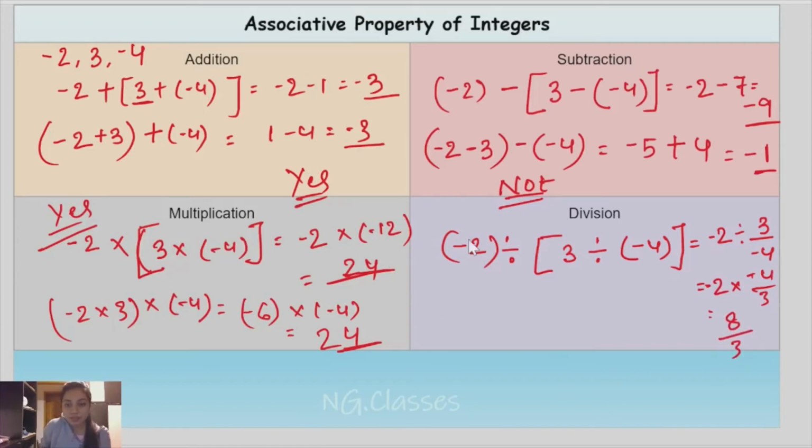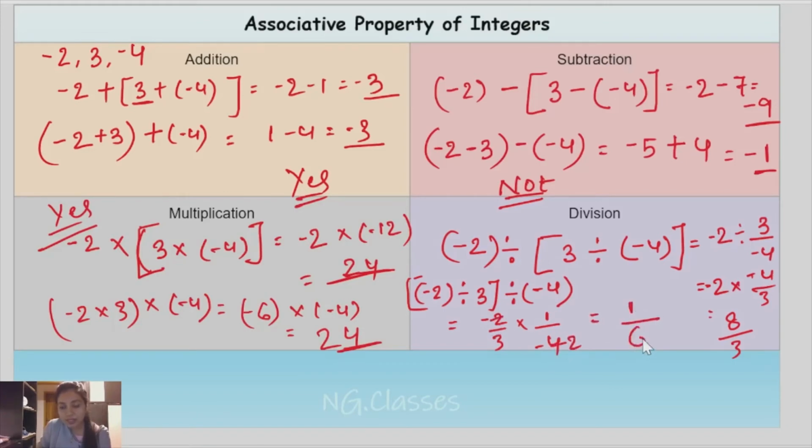What will happen when we change the pattern? -2 divided with 3 at first, and then division sign -4. So we will get -2 by 3, and we can write it as 1 by -4. So 2 times 4, we will get 1 by 6 only.